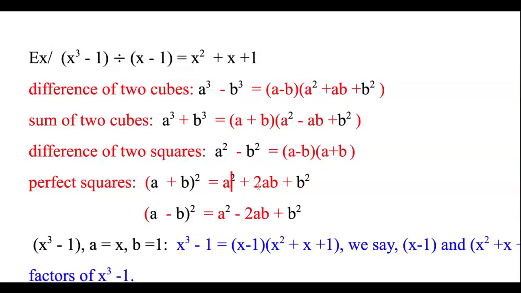Multiply the first one and second one and double it. Right? Similarly for a minus b. A minus b squared equals a squared minus 2ab plus b squared.